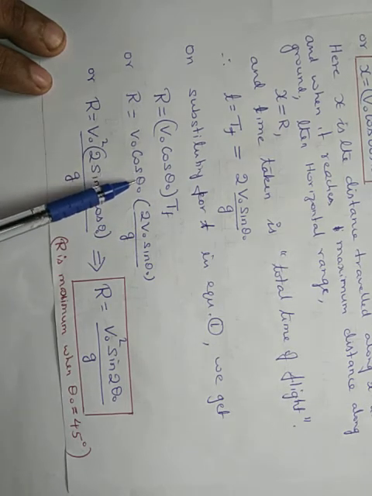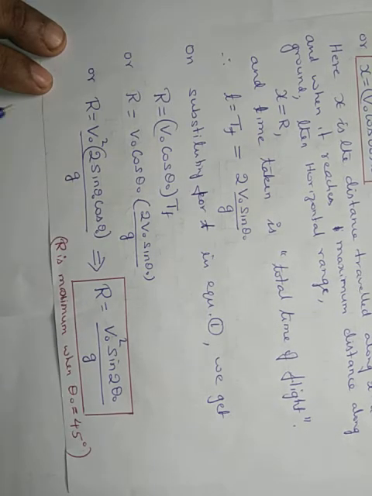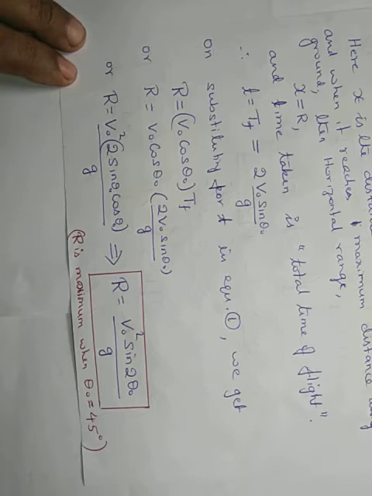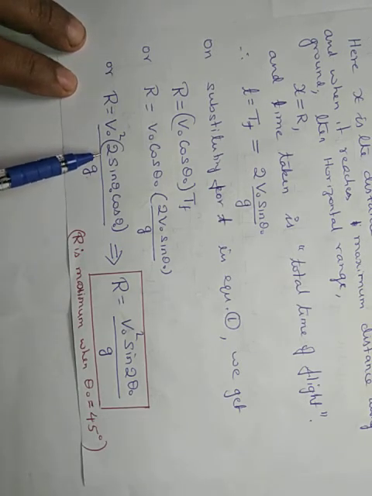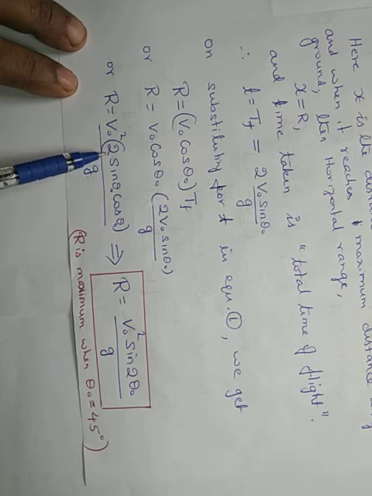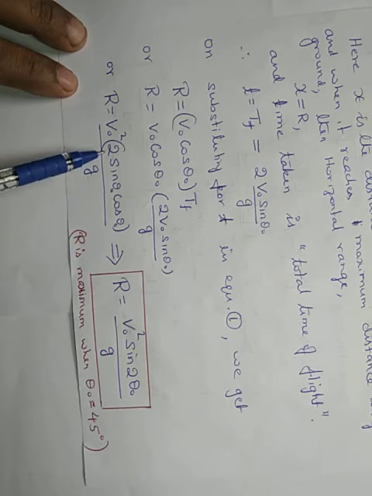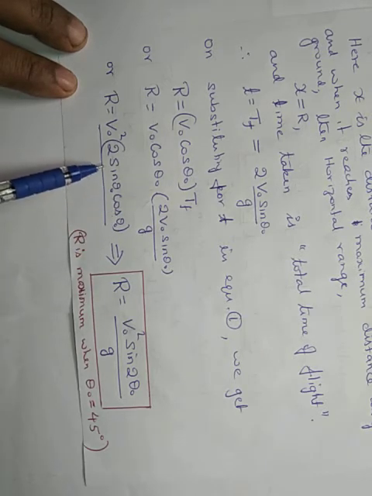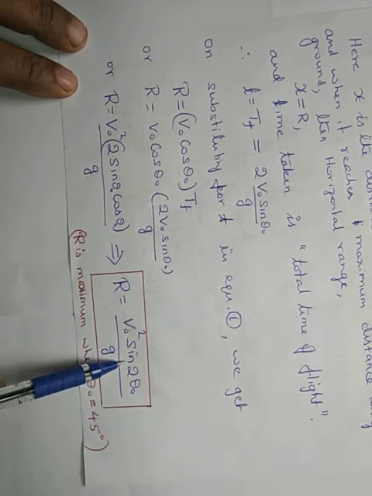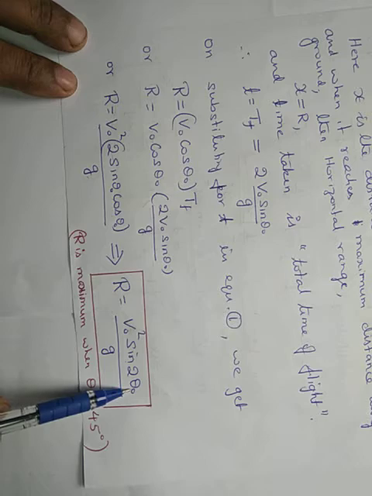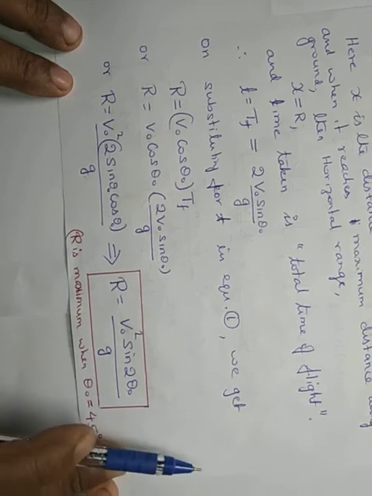You can write cos theta naught into 2 sin theta naught as 2 sin theta naught cos theta naught, whole by g. Using the trigonometry relation, 2 sin a cos a is sin 2a, or 2 sin theta cos theta is sin 2 theta. Here we have 2 sin theta naught cos theta naught as sin 2 theta naught, whole by g. So this is the equation required.